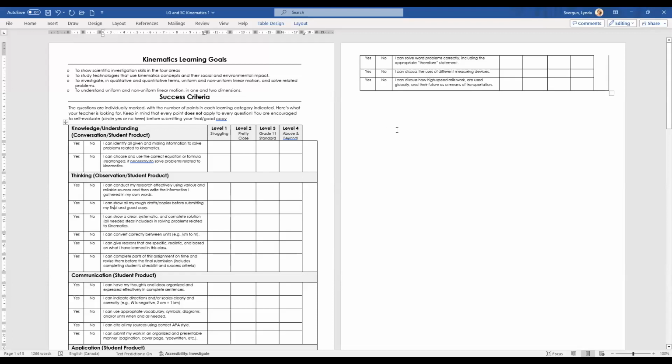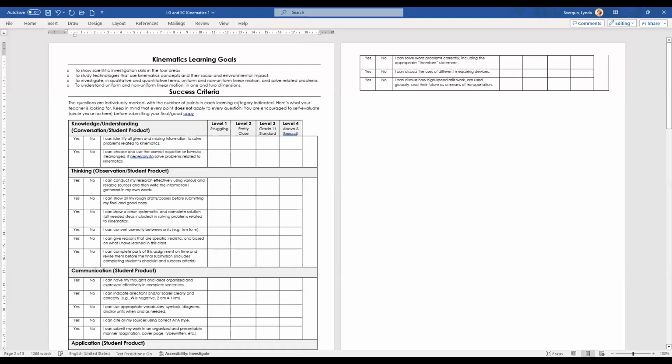I'm ready. Okay, so I want to show you, for each unit, we have some learning goals and success criteria. So for kinematics, what we are learning about is how fast, how far, how long, so basically what happened to the object without checking the reason.